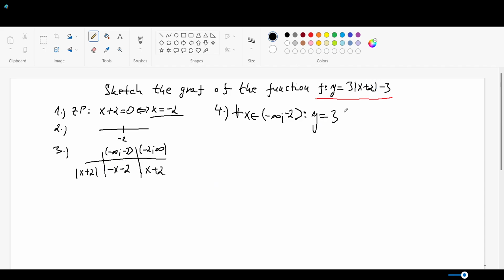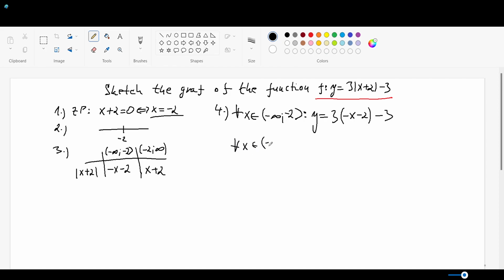So the equation of my function will be 3 times negative (x plus 2) in parentheses, minus 3. So again, this absolute value is replaced by this expression, because we know that for x from this interval, the value of the absolute value will be found like this.